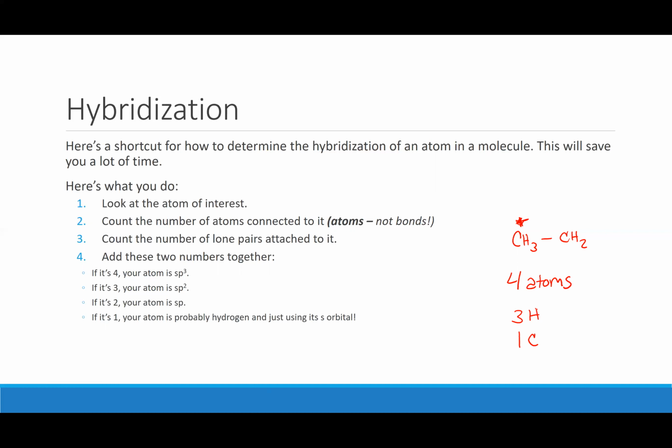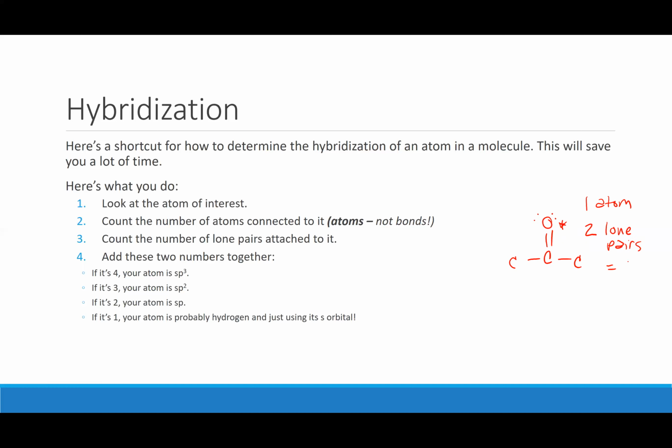Okay? Next, you're going to count the number of lone pairs attached to it. So let me give an example of that. Let's say I have this situation. I want to know the hybridization of this oxygen. This oxygen has 1 atom attached to it, and it has 2 lone pairs.